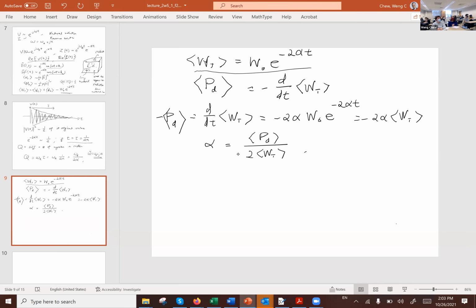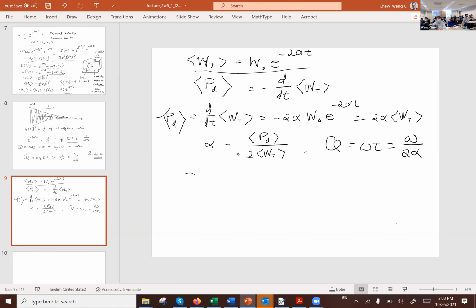Okay, so we have another way of finding alpha. Once we know alpha, as I said before, we know the Q, because Q is omega tau, it's omega over 2 alpha.